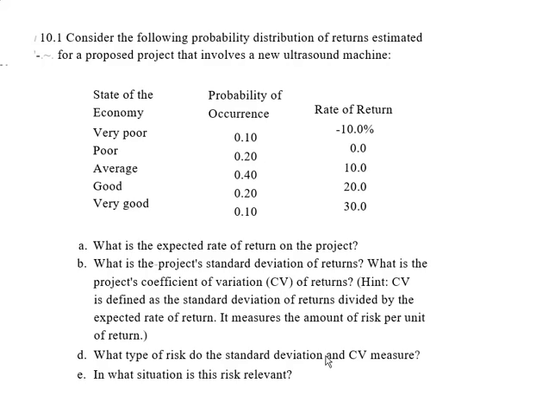Then once you know what type of risk standard deviation is good for and measures, that's what you're going to write here. In what situation is this risk relevant? And it's referring to whatever you found here for standard deviation. Again, you should find that pretty easily within the textbook, or even talked about in some of the lectures or lecture slides.